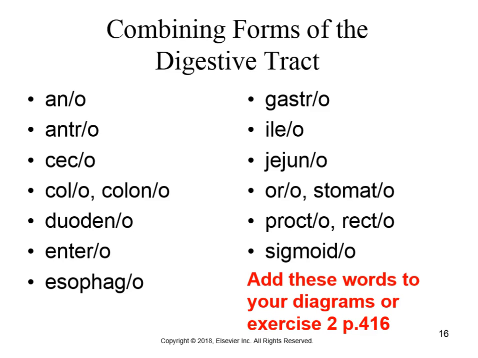So gastro also means stomach. When we're talking about the stomach as a whole, we'll use gastro. But if we're talking about a certain portion of the stomach, then you might see antro. Ceco goes with cecum, pretty self-explanatory. In this case, really, it's that portion of the large intestine.